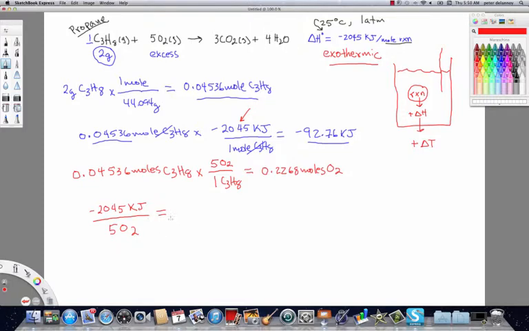All right? And this is going to equal a minus 409 kilojoules energy released per mole of O2.